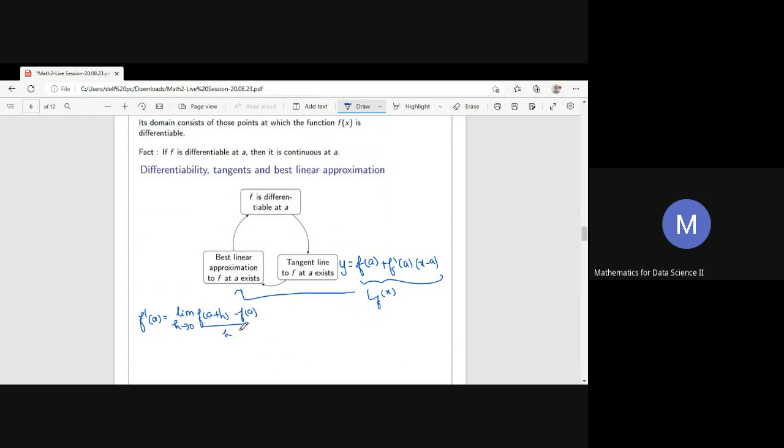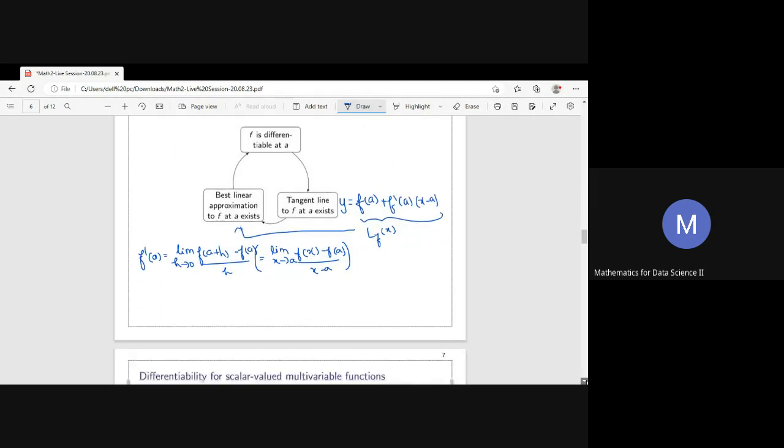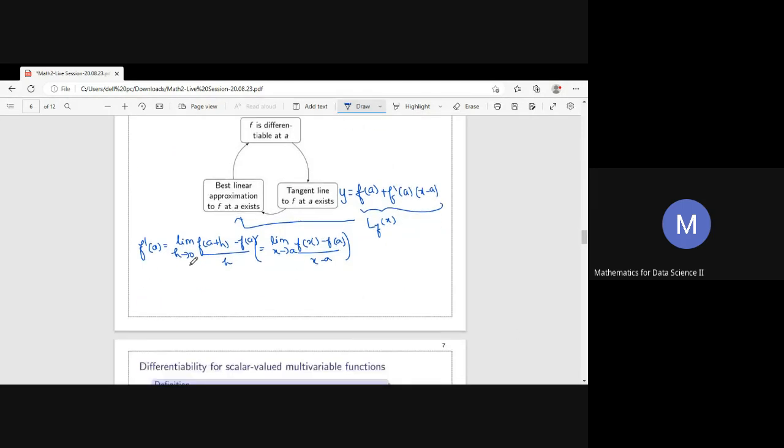This is one way of defining the derivative. In the other way, you can also say limit x going to a, f of x minus f of a by x minus a. This is an alternative definition, right? So just remember this; for comparison purposes, maybe I'll use this.